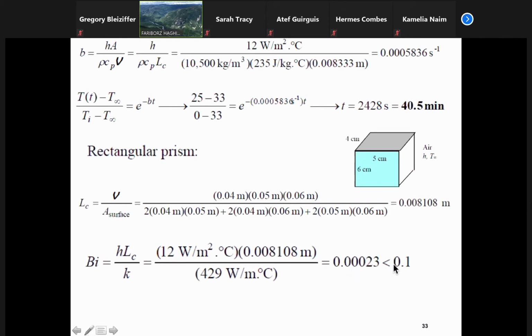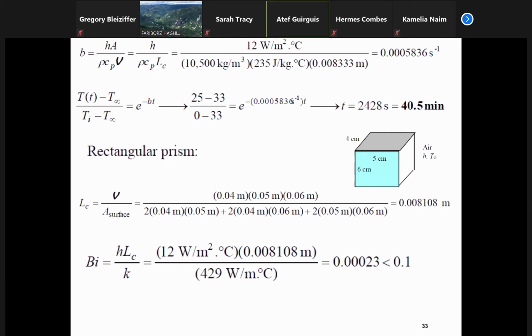Verify it is less than 0.1. It means that we can ignore the internal resistance by conduction. We can assume the temperature everywhere is the same and go back and use this equation that we have. In order to calculate this equation, you have to calculate the B value for this scenario and then place it and calculate the time. Please write it down. If you have any question, ask me.